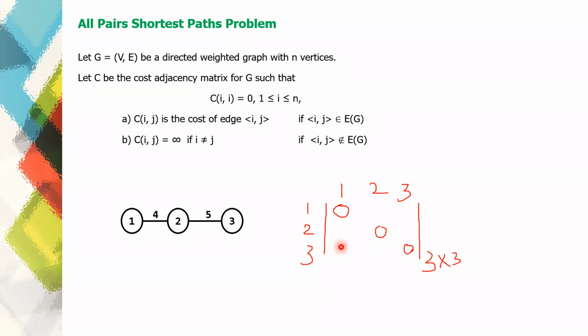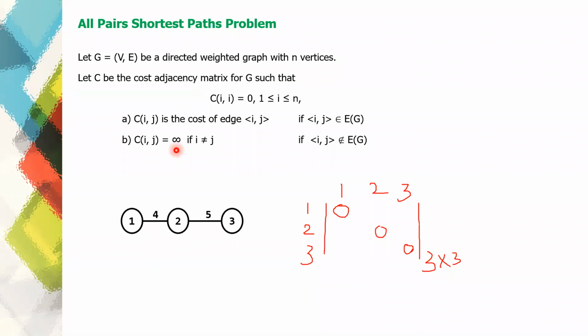For that, any value in the matrix falls into either case A or case B. If I take any 2 nodes i and j, and if there is no direct edge connecting i to j, then the value should be filled up as infinity.